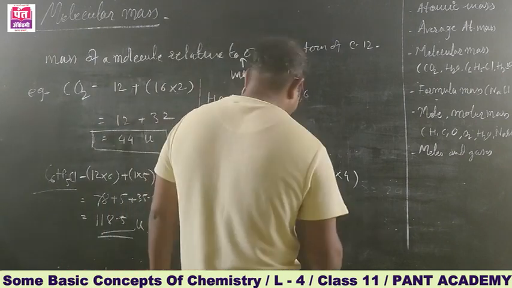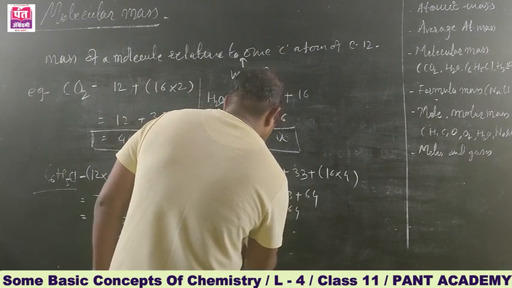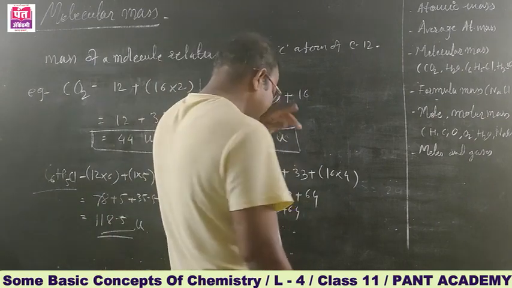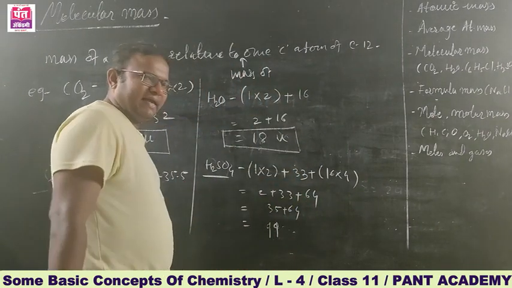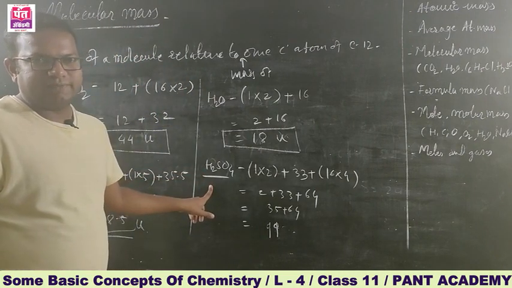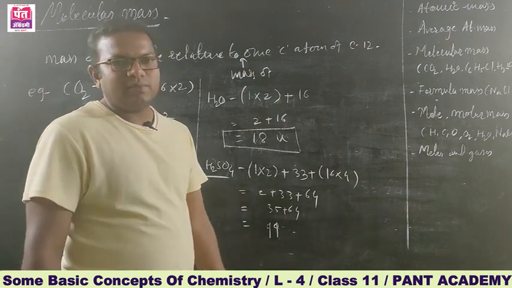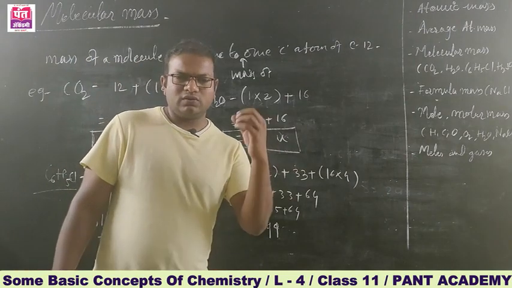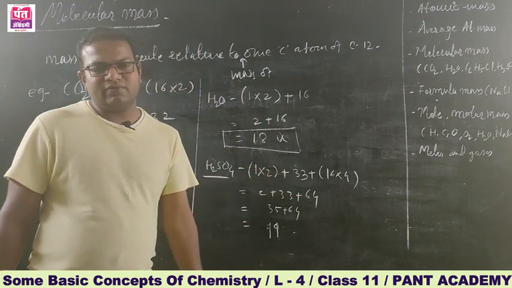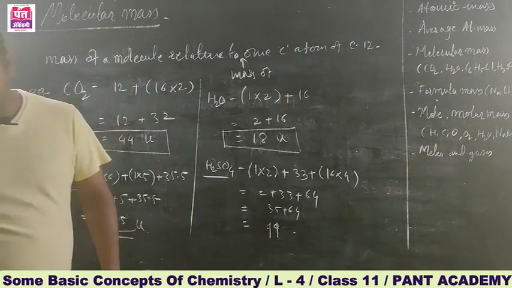So it is 35 plus 64, about 99. 99 or 98 is considered as the molecular mass of H2SO4. Got the point? So in this way we can calculate the molecular mass of anything. Take any molecule, we can derive its molecular mass in this way. Got the point? Now let's move forward.